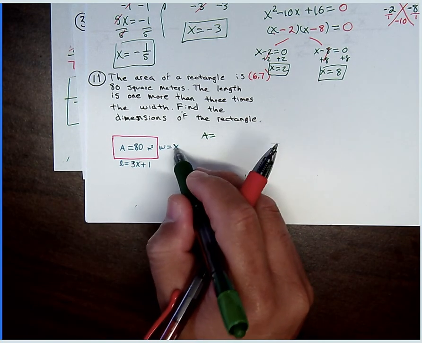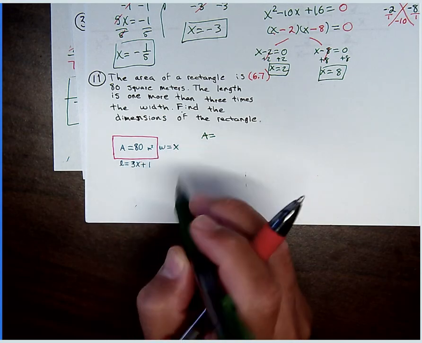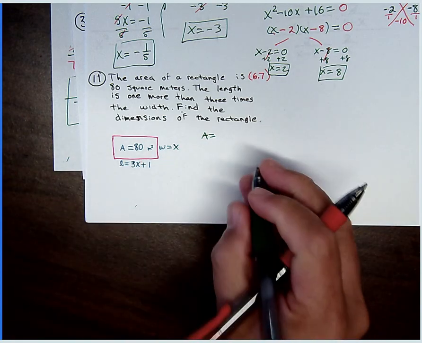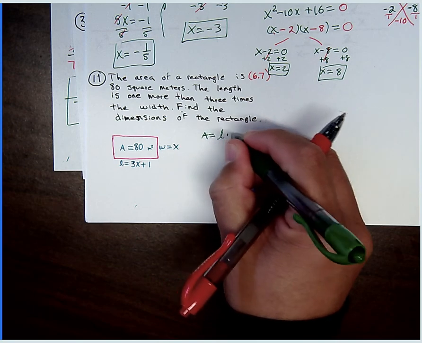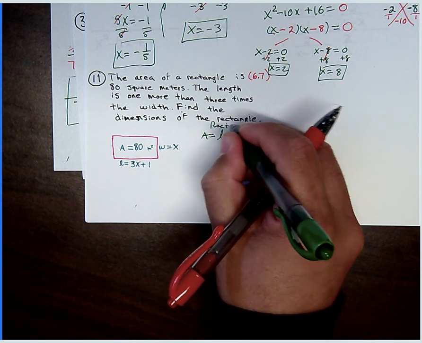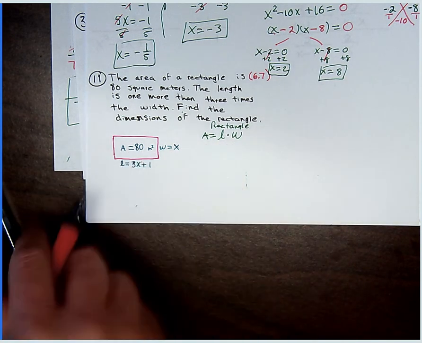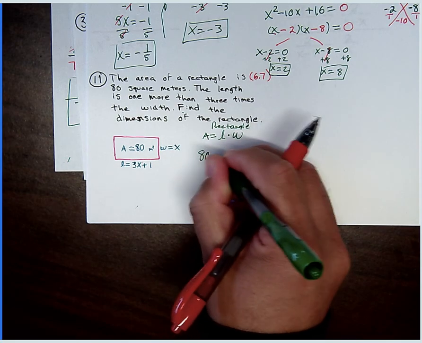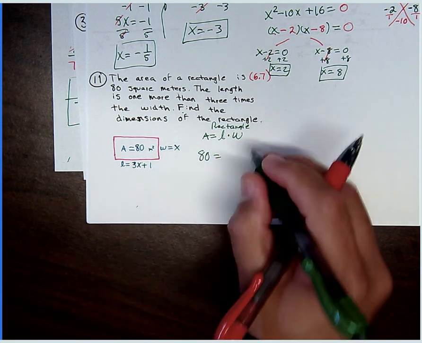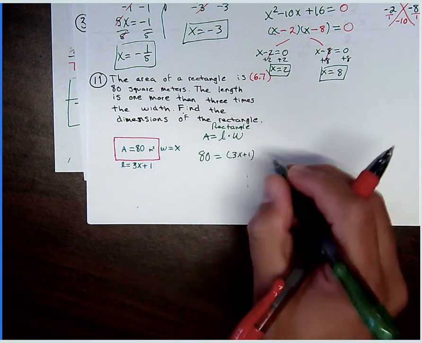If you find x, that means you find the width. You substitute here, that means you can find the length. So the area is just length times width for a rectangle. They're giving us the area, so you're going to put 80 equals the length is this whole thing. And then the width is just the x.